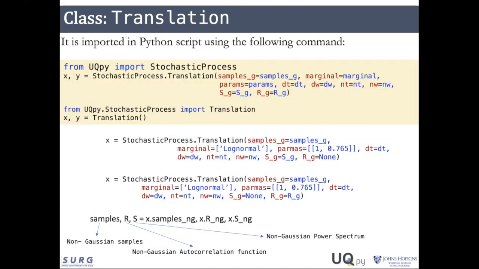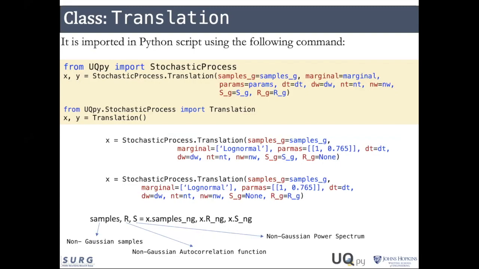Here is how we need to import the translation process, two ways again. And below we have two cases of the translation process. You can note that in the first one, we just input the Gaussian power spectrum, and we don't need to provide anything for the Gaussian autocorrelation function.